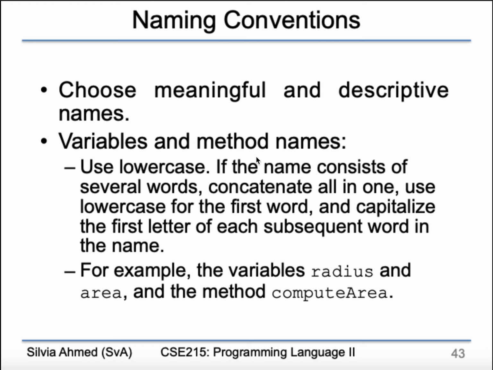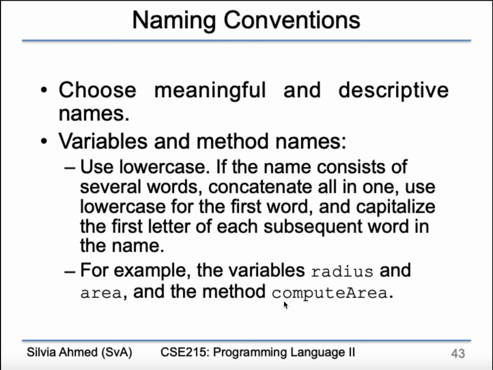So the variables and method names use lowercase, and if the name consists of several words, you should concatenate all in one. Use lowercase for the first word and capitalize the first letter of each subsequent word in the name. For example, the variables radius, all small, and area, they are all using lowercase.